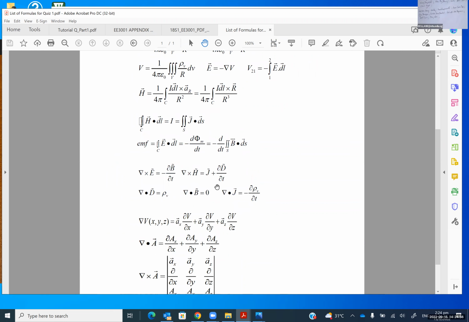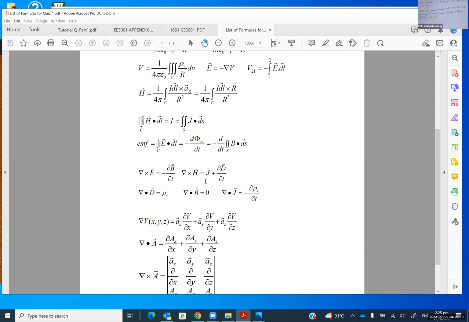Are you referring to this one? This one just says, okay, this is conduction current density. This is displacement current density. So the curl of H is the sum of the two. That means you could have an H due to a conduction current, that means conduction current density, or it can be displacement current density.